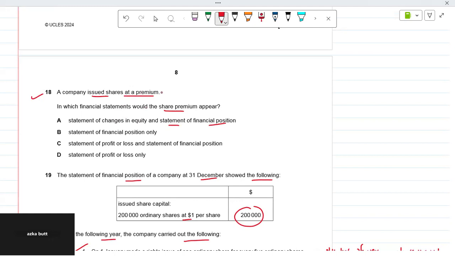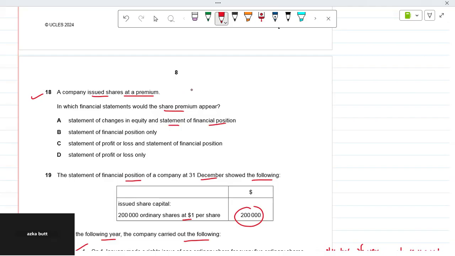Share premium is the amount received by a company from issuing shares at a price above their nominal par value. It means that if a company issues shares with a nominal value of, let's say, one each, and the issue price is 1.50, then the share premium will be $0.50 per share.